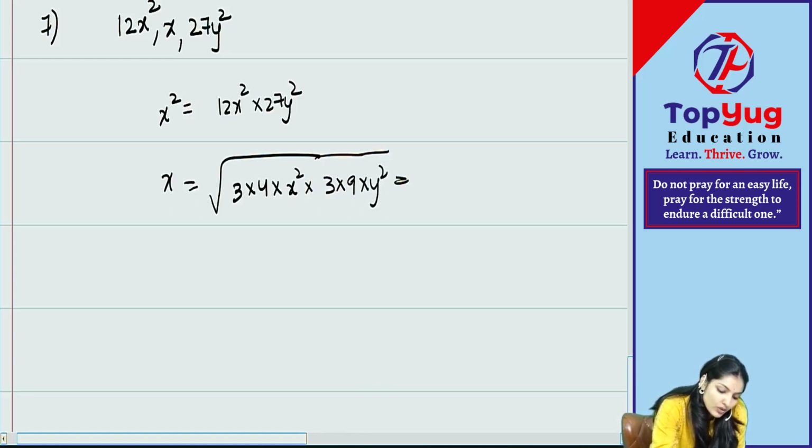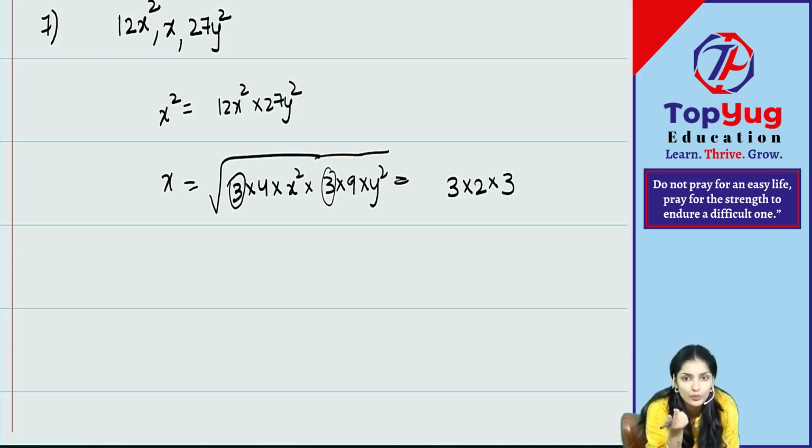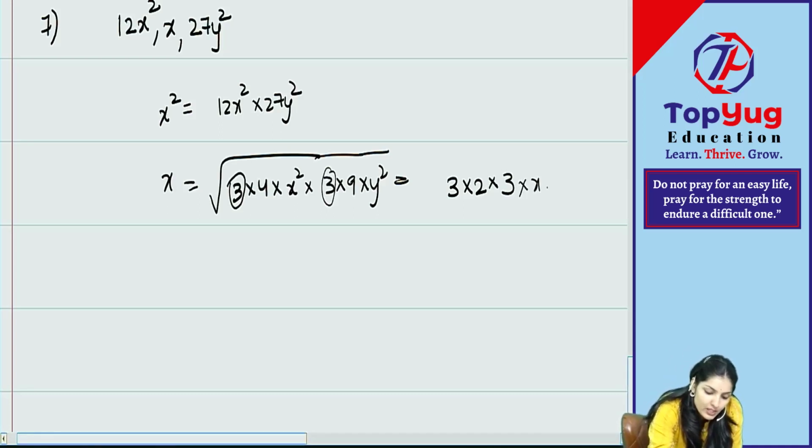So just have a look. The double 3 means 3 square. So only one 3 would be left. The square root of 4 would be 2. The square root of 9 would be 3. What I am doing is considering this 3 and this 3 as a square and then cancelling one. The square root of 9 would be 3 only, and of 4 would be 2 only, and the remaining is x into y.